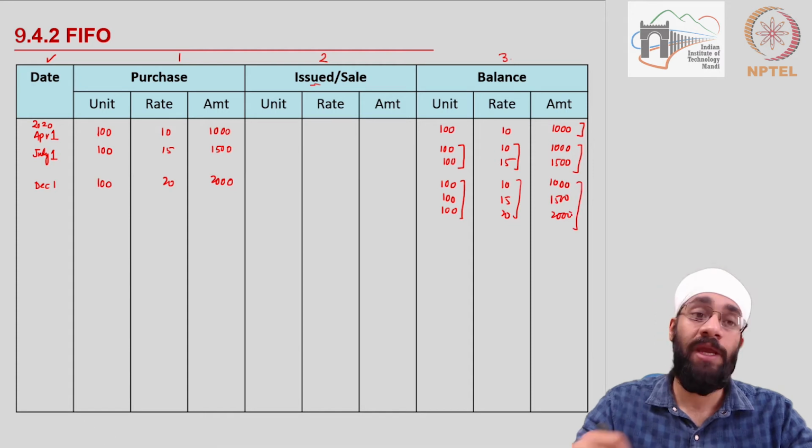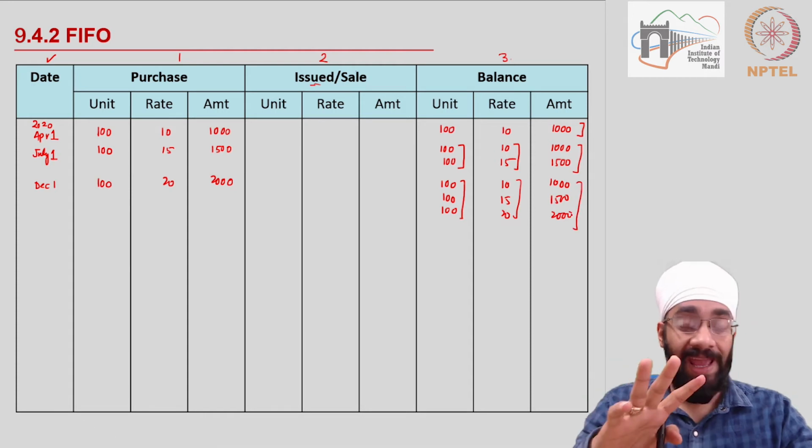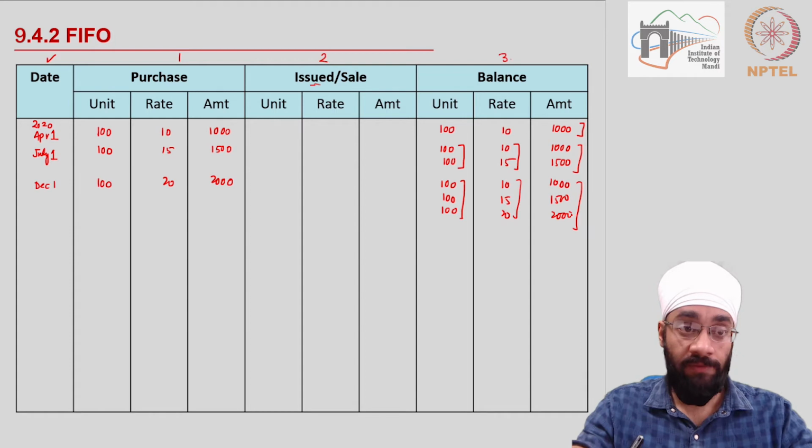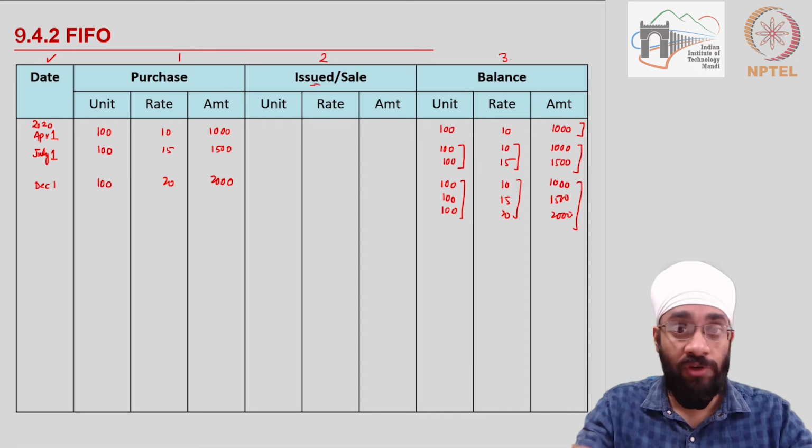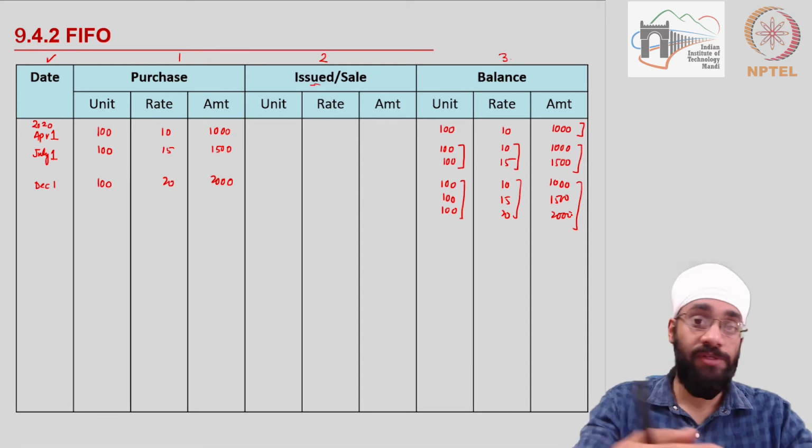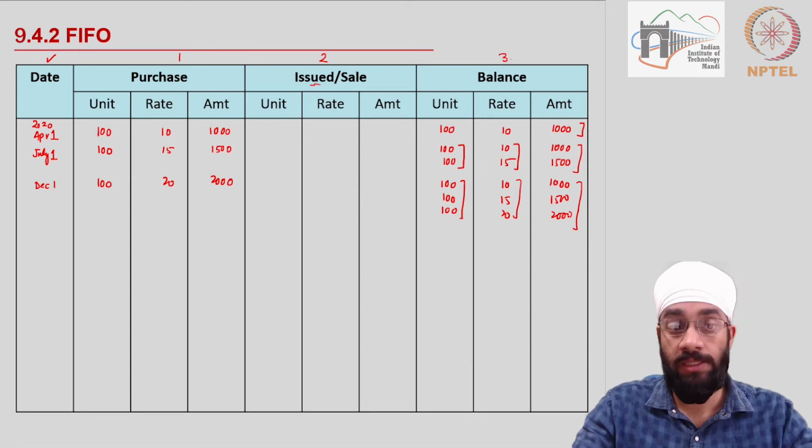So this is my total stock available. So on any given day, if the stock register is checked, if anybody asks what is the value of the stock today, day end, you could just refer to this register and say this is the amount, and these are different prices.